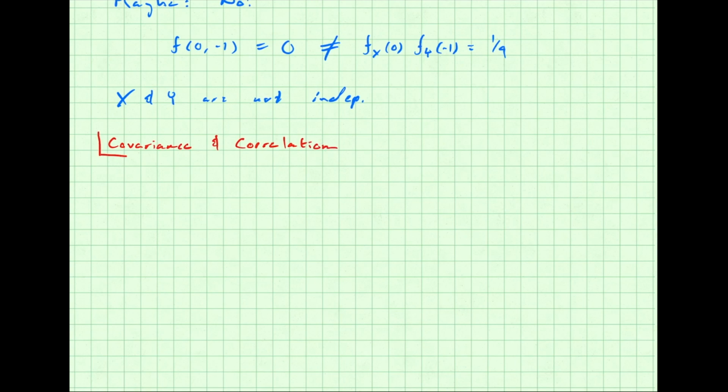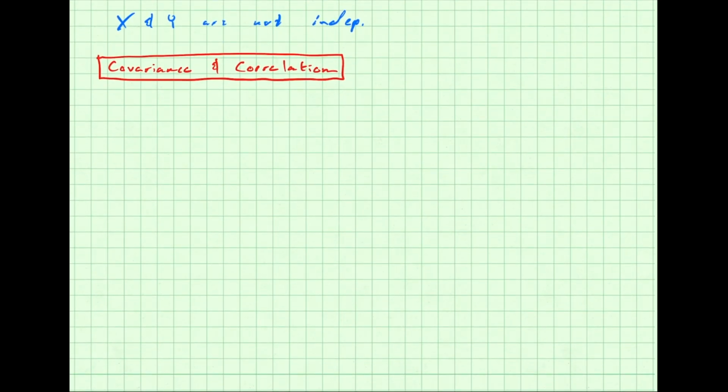We're going to introduce both of these terms and go through them in order. We'll first talk about covariance, and then we'll do correlation.